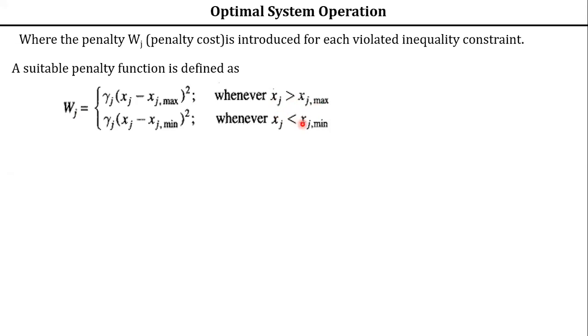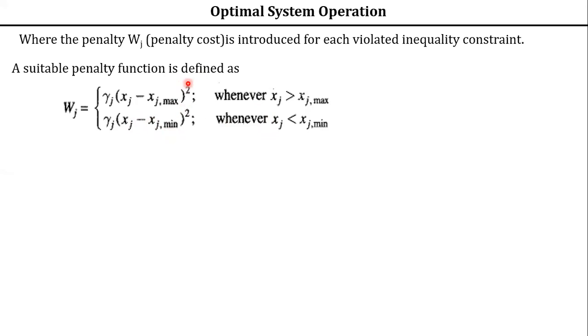When xj is less than xj minimum, that means when it violates the lower limit, then it is gamma j into xj minus xj minimum whole square. Understood? If it violates the minimum limit, xj is equal to xj minimum. When it violates the maximum value, xj is equal to xj maximum. So gamma into the initial value minus the final value, xj minus xj max. Here it is xj minus xj minimum when it violates the lower limit.